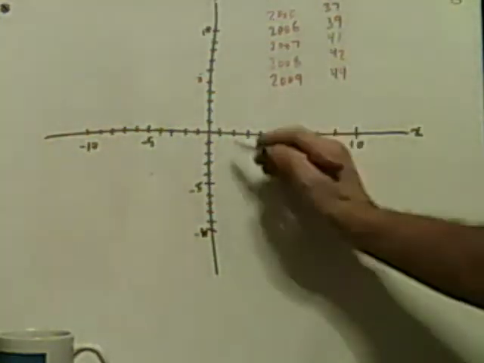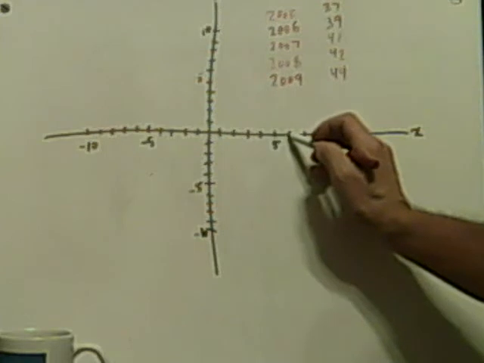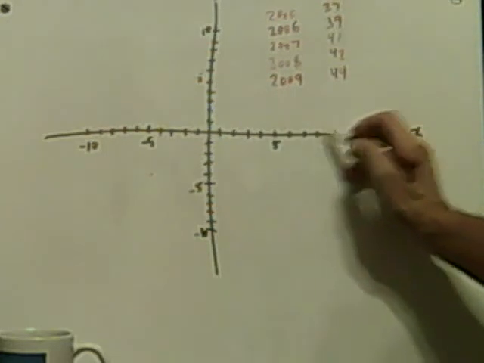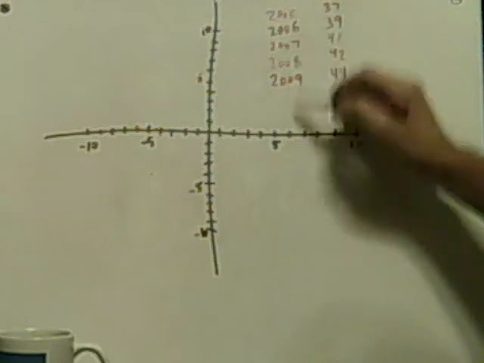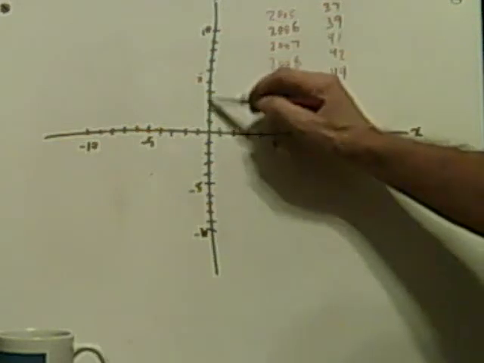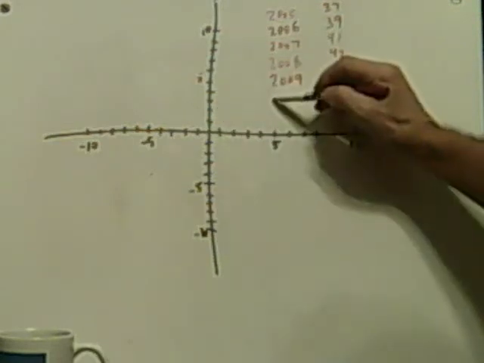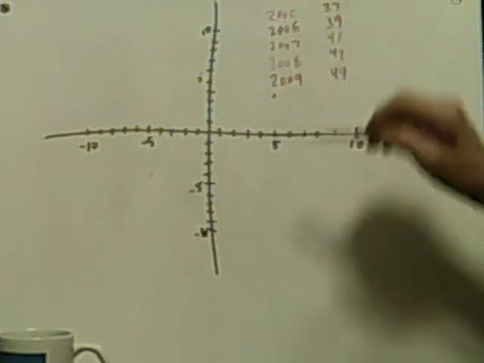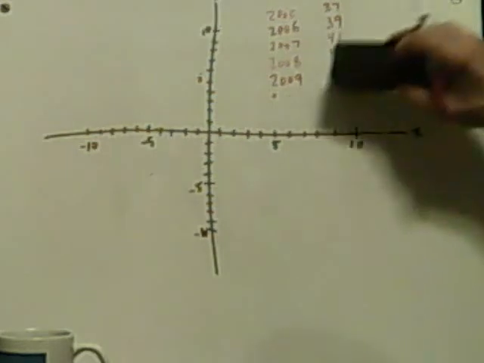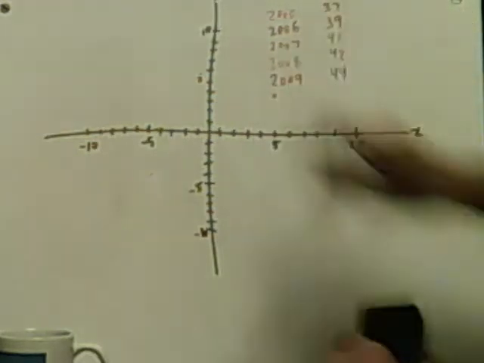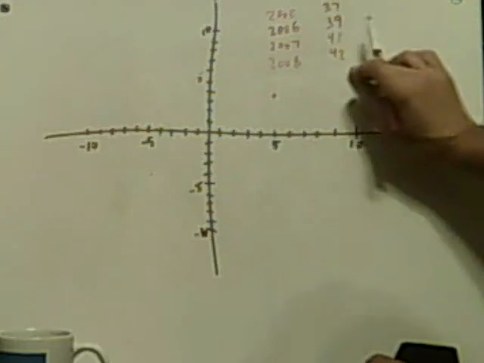Now, we're going to assume that this is 2005, 2006, 2007, 2008, 2009. So in 2005, it was 37, so that would be 10, 20, 30, 37. That would be right about there. 2006, it's 39. So what I need to do is, unfortunately, I put this in the wrong place. All I need to do is take the lower one off, put it up here, 2009 at 44. And I'm going to have enough room.